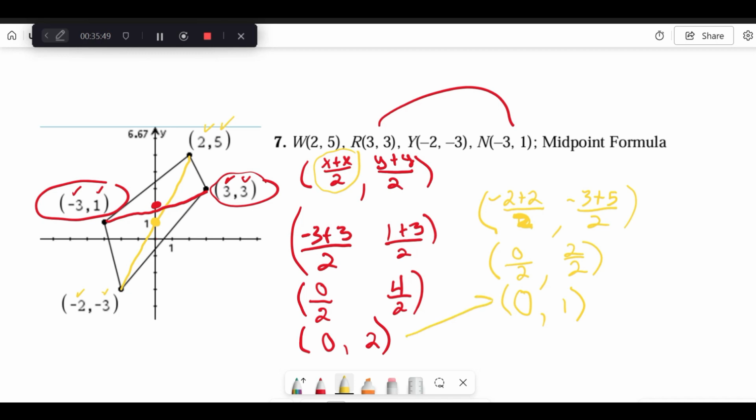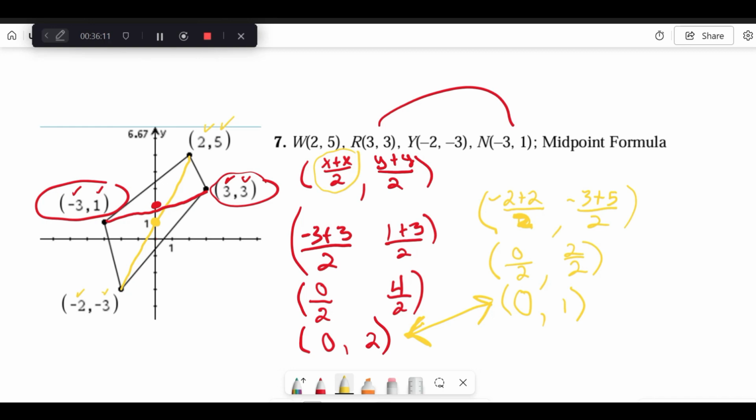And since these two are not the same midpoint, then they don't bisect each other. Right? They meet at exactly one point, but the one point where they meet can't be the midpoint for both sides because the midpoints are different.